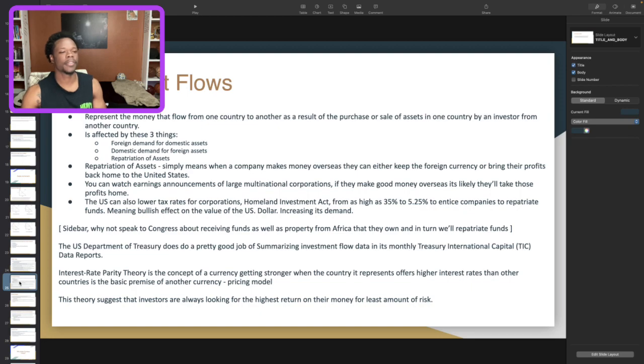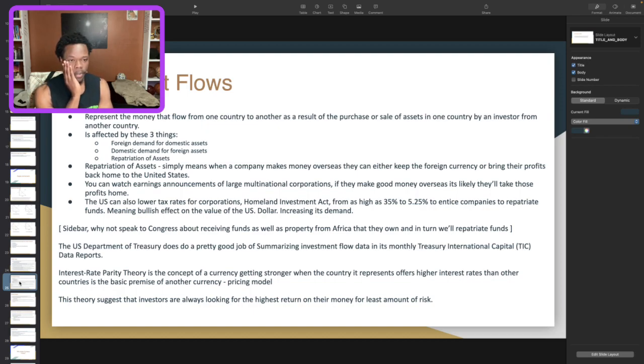Now investment flows. This is where we get into the appreciation of assets, right? Investment flows represent the money that flows from one country to another as a result of a purchase or a sale of assets in a country by an investor from another country, right?